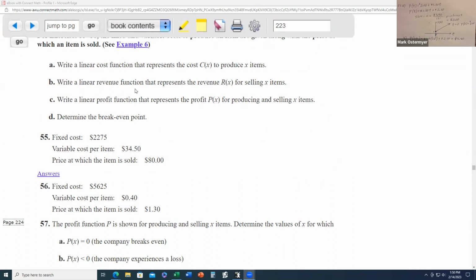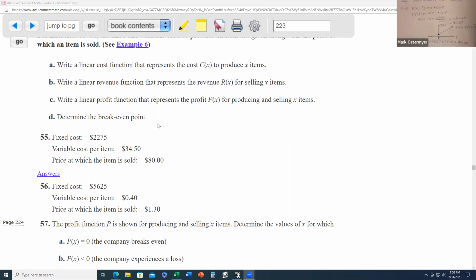B, write a linear revenue function that represents the revenue R of X for selling X items. C, write a linear profit function that represents the profit P of X for producing and selling X items. And D, determine the break-even point. So this is a problem that you would probably run into in maybe a business class or an economics class.